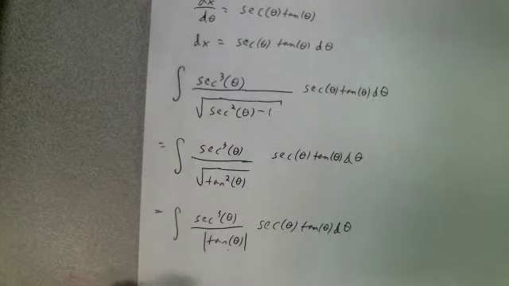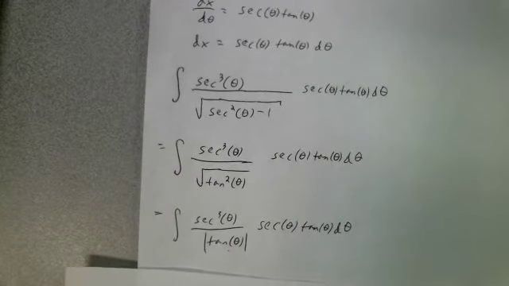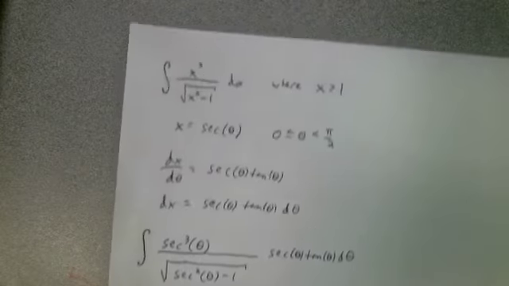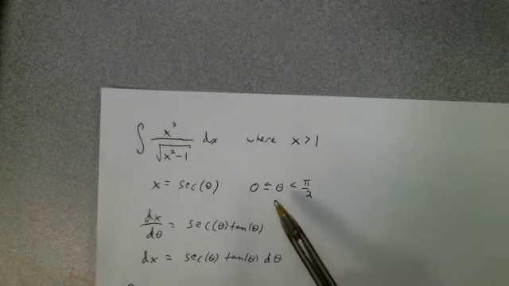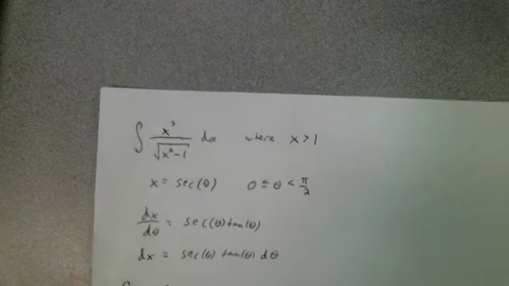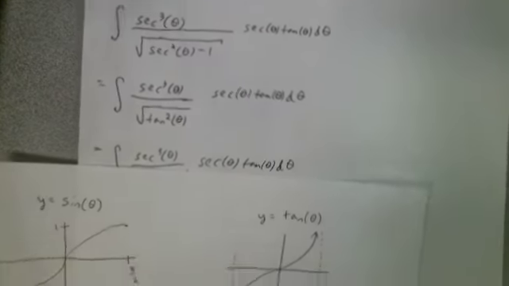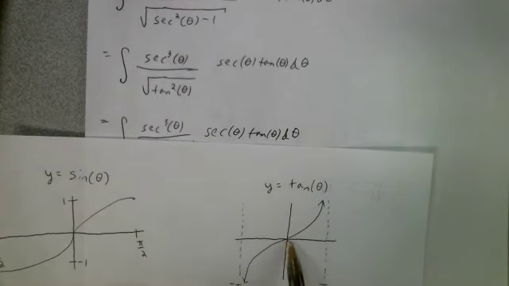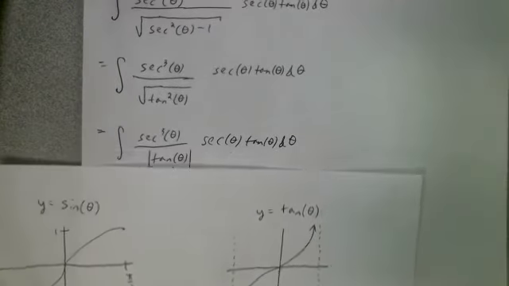Well, it turns out we can. So if you look at a graph of tangent, we picked our angle, theta, to always be between 0 and pi over 2. Between 0 and pi over 2, tangent is always positive.